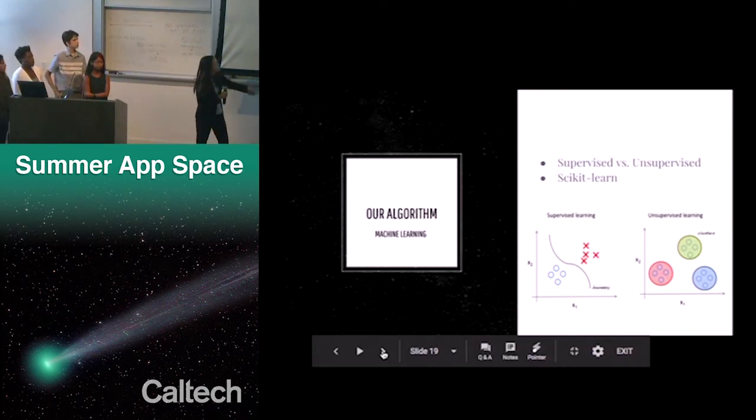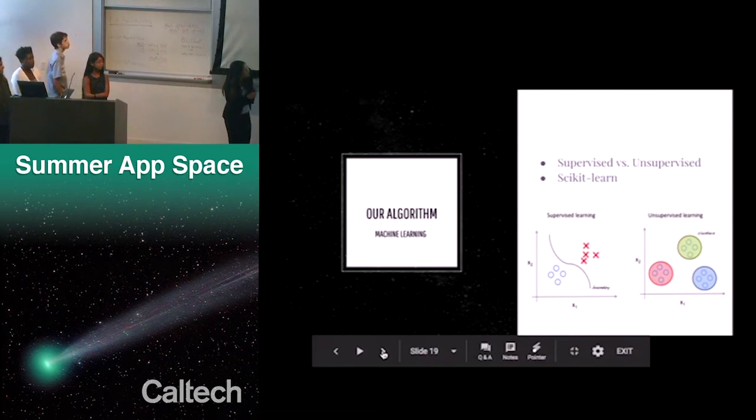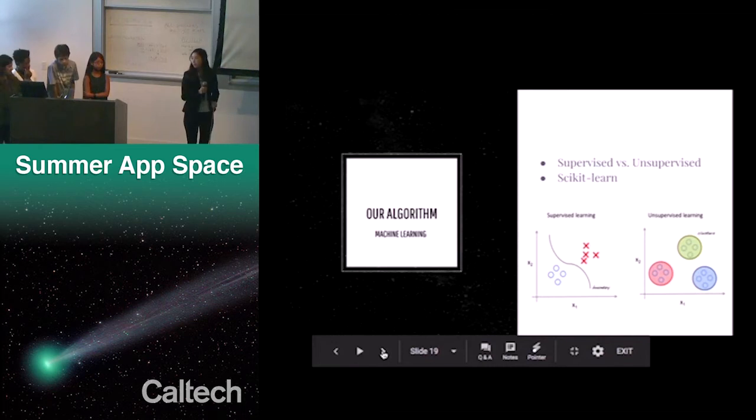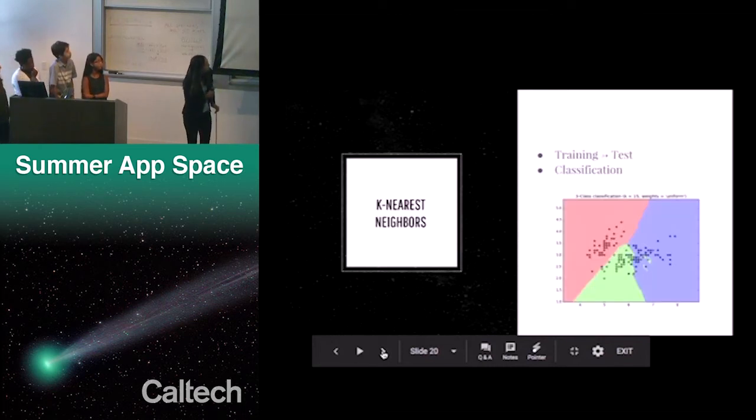And so this is a quick diagram of supervised versus unsupervised, where we see that the unsupervised learning takes data and clusters it into groups based on arbitrary or specified patterns, whereas supervised takes a boundary based on training data. So next, into the specific approach that we took. In scikit-learn, in supervised learning, there's this thing called k-nearest neighbors classification. And this is what we use in order to classify our data.